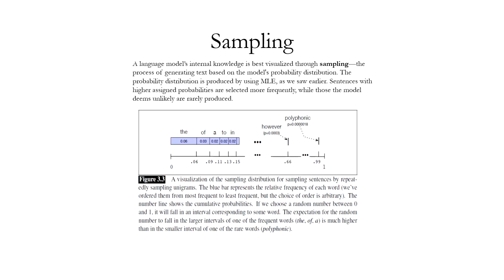And here's an example. You could see that the, of, to, in, in this cumulative distribution with the unigrams take up the bulk of the probability, right?